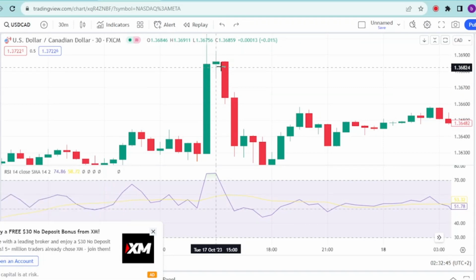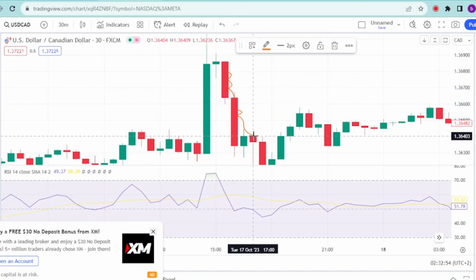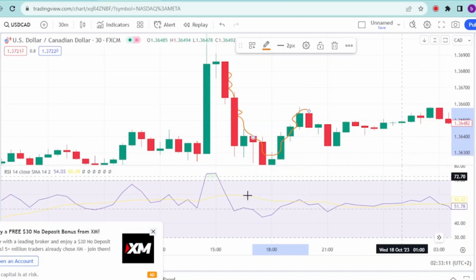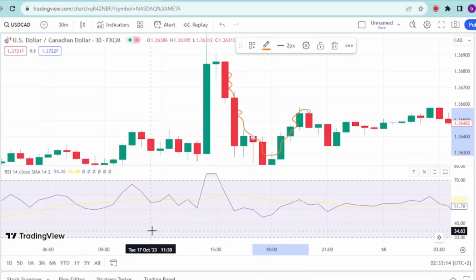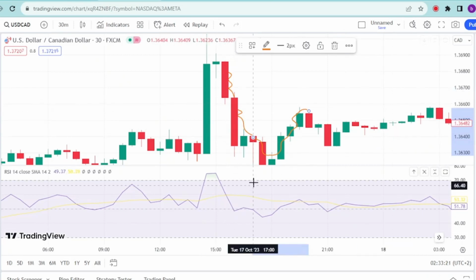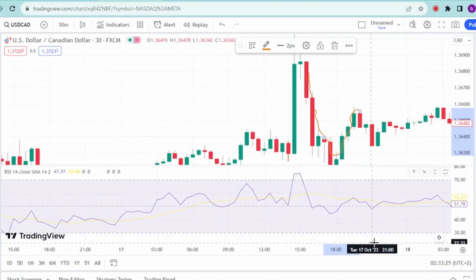Now, some questions would arise as to why we had some bearish type of retracement. There should be retracement in any market, especially if there is a drastic move in any direction. But since the strength of the United States dollar was stronger than the Canadian dollar, this was just a retracement and nothing else.